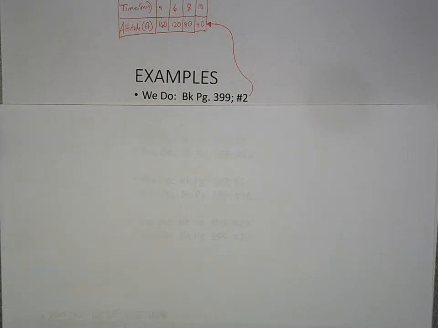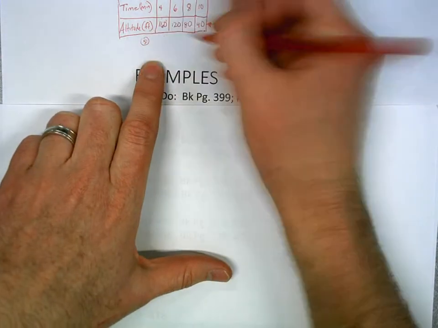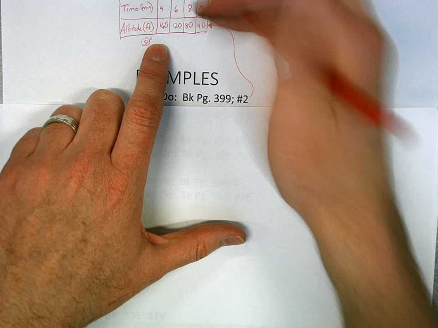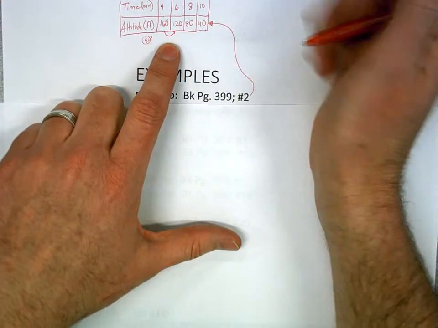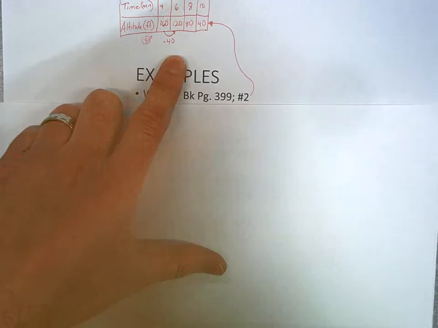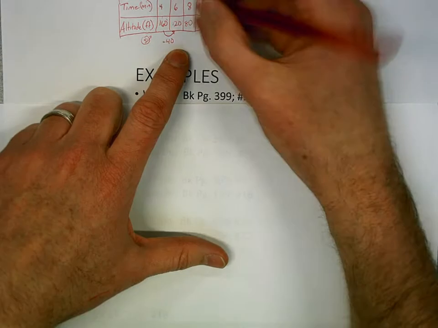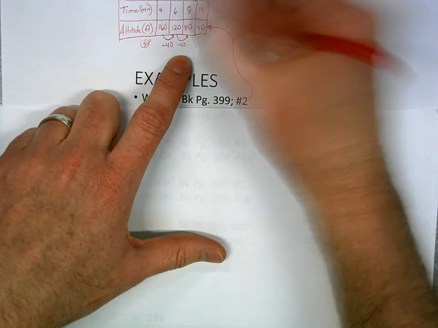Here's the thing. The directions say find the constant rate of change between the quantities in each table. There's a rate of change, but they're not asking if it's constant. They're saying there is a constant rate of change. So here's what you need to realize. Step 1 is go to one of your quantities and find out what it's changing as the chart goes across. 160 going to 120 is a decrease of 40 feet. 120 to 80 is a decrease of 40.